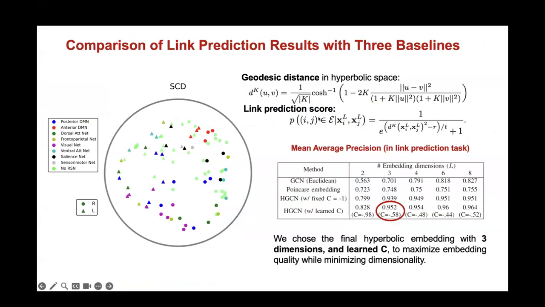Here is a comparison of the experimental results for the link prediction task with three different baselines. One is a standard graph convolutional neural network in Euclidean space, another is a hyperbolic graph HGCN model with fixed curvature, and we also study the curvature as a learned parameter. Here, capital C is a learned negative curvature.